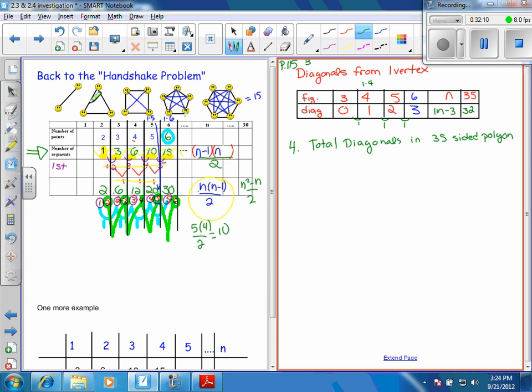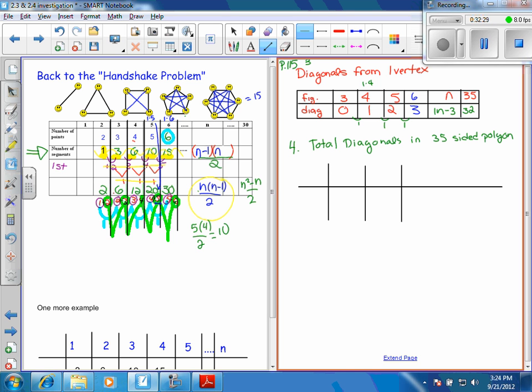If I want to figure out the total diagonals, isn't that really the same thing? In other words, the pictures are there, but we might not start with 1. We might just start with 3, right? Because the first polygon is a triangle.